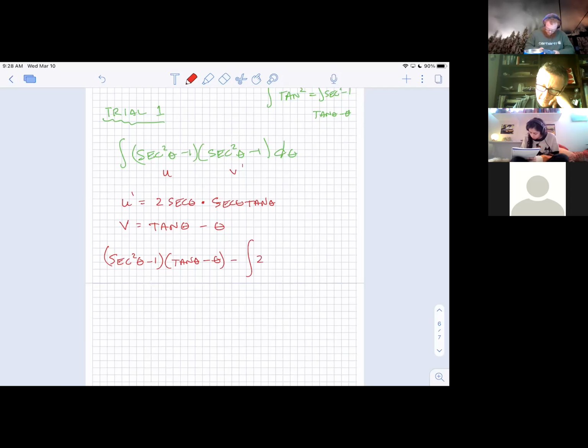Woo, this does not look good. U prime would be 2 times secant times tangent. So there's u prime, and then v is tangent of theta minus theta. This looks terrible. Unless a bunch of stuff cancels somehow.